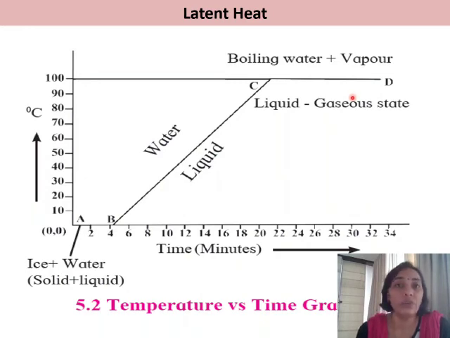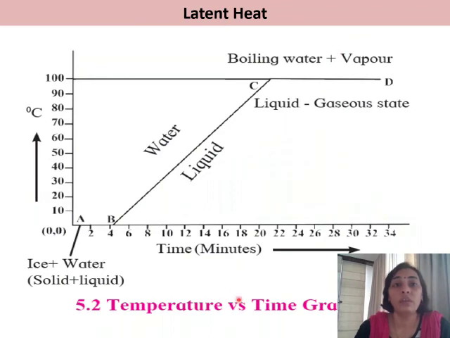So what is latent heat of vaporization? The heat energy absorbed by a liquid to convert it into the gaseous state at constant temperature is called latent heat of vaporization. And to put it into a definition, we will say the amount of heat energy absorbed at constant temperature by unit mass of liquid to convert it into the gaseous state is called as specific latent heat of vaporization.